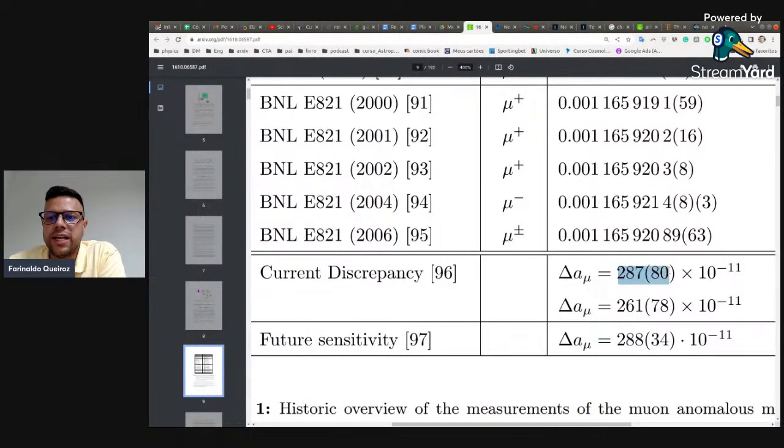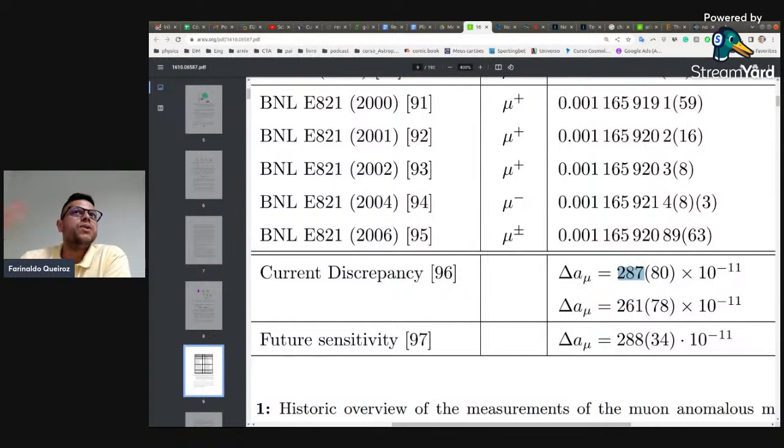So for instance, at the end, that's the experimental measurement, right? From 2004, 2006. The difference between experiment and theory was around 280 times 10 to minus 11, or in the order of 10 to minus 8.